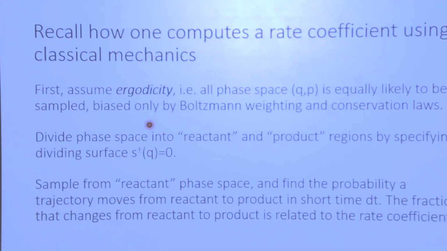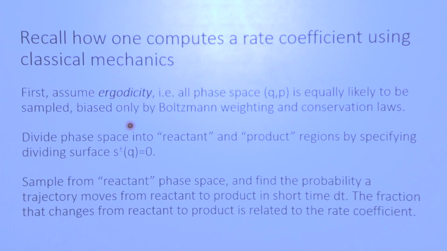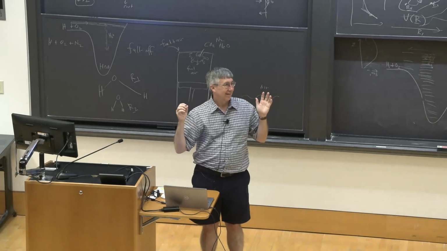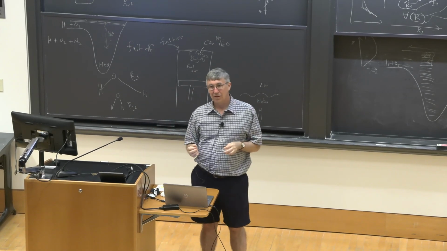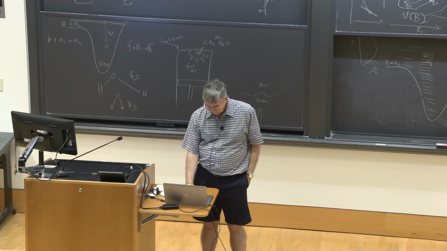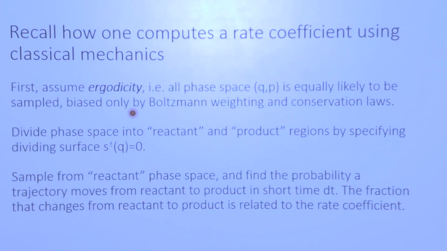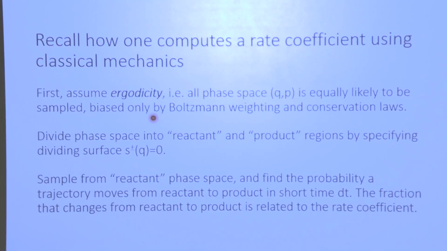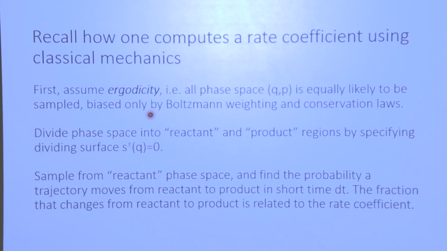And that's related to a thing called ergodicity. It's assuming that everything that can happen will happen equally likely, completely random. All right, so that's the starting idea. It doesn't always have to be true. Not everything is perfectly random in life, but if you start, that's actually a pretty good basis for chemistry.